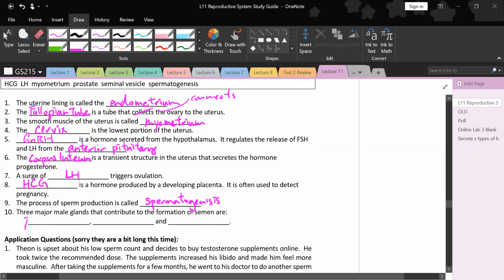That includes the prostate, which gives it nutrients. It includes the seminal vesicle, which helps modulate the pH. And there is also the bulbourethral gland, which flushes the urethra before the ejaculation.